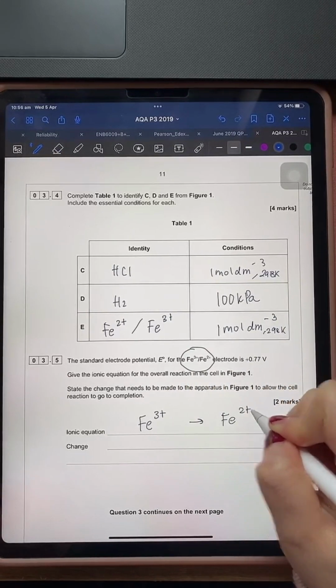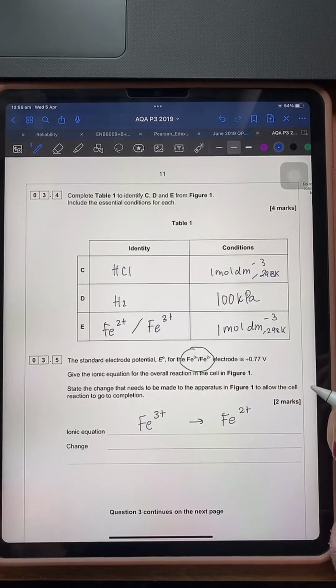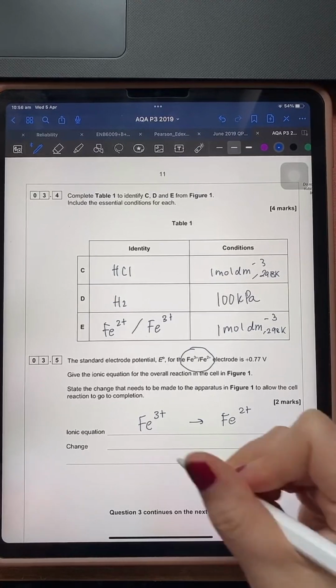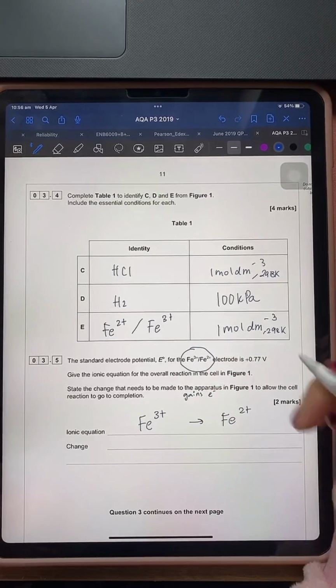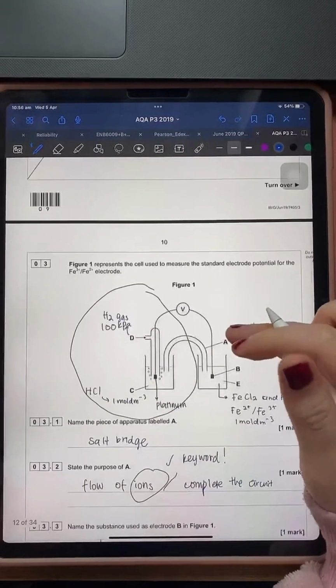Does this gain or lose electrons? This gains electrons, that's right. Very good. And if you look at this, the only way they can gain the electron is from the hydrogen, isn't it?